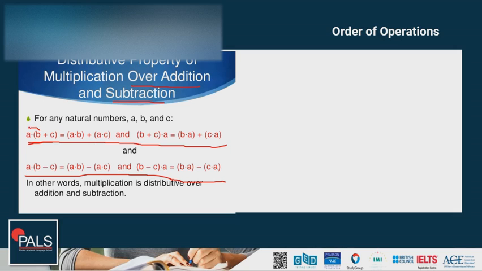You are distributing the factor to the sum or difference of another factor. So that is the distributive property of multiplication over addition.